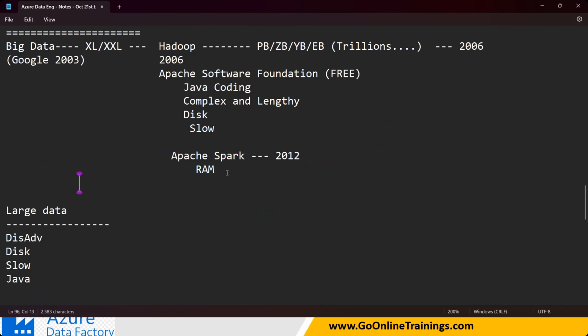And people said there is no need to learn Java. Apache Spark gave a very easy language called Scala. This is a new language which is very easy. Clear? So today, if you want to store a large amount of data in the IT industry, we are going to use Apache Spark.